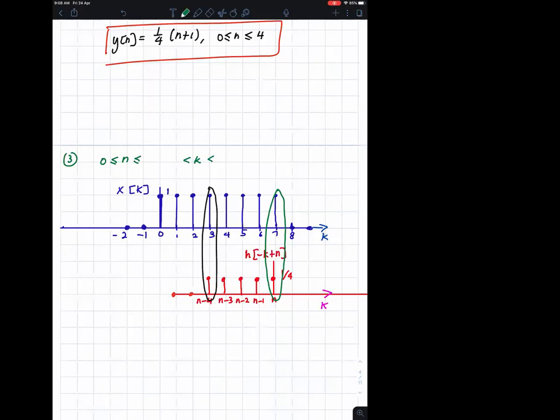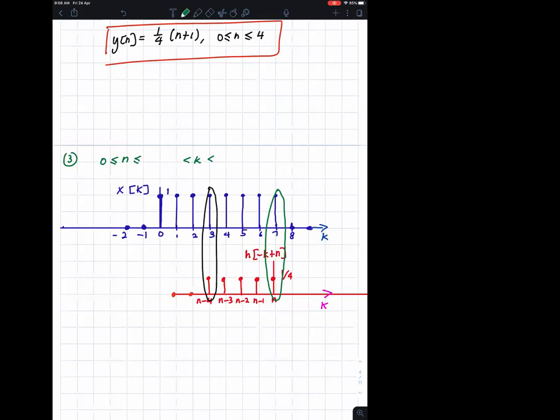Okay, see, when n equals 0, then you're right at the center. Then as you continue to increase n, 1, 2, 3, and so forth.